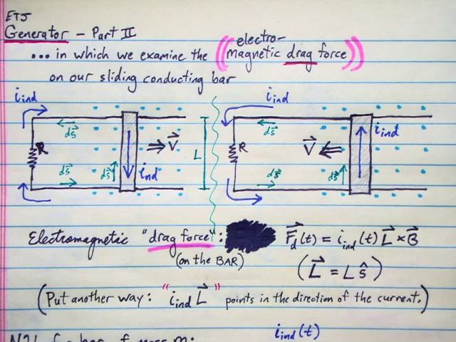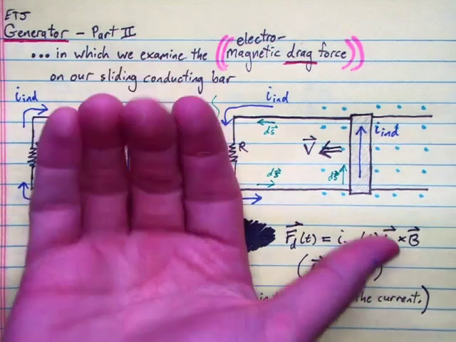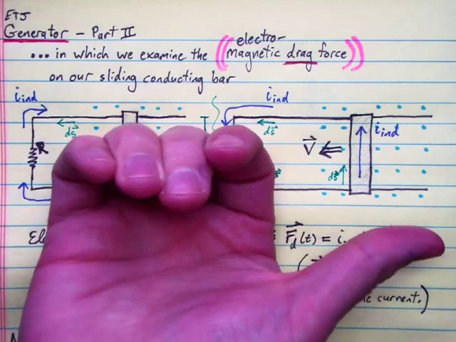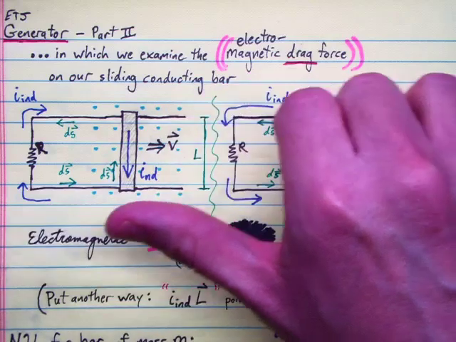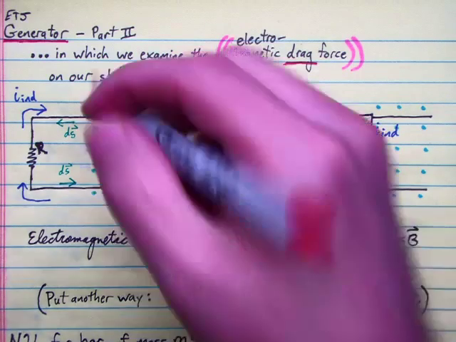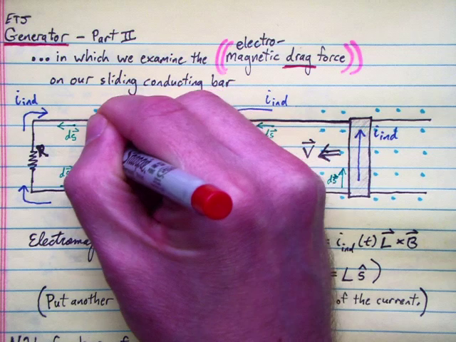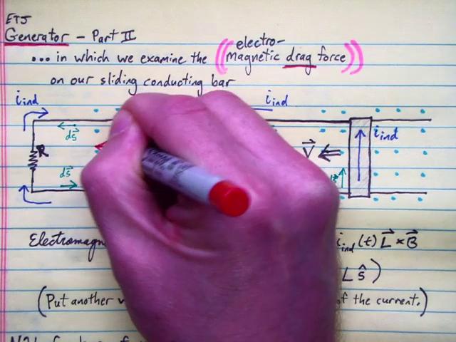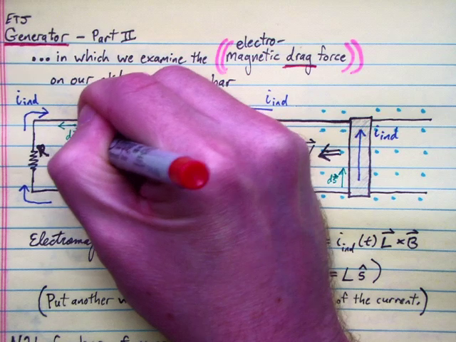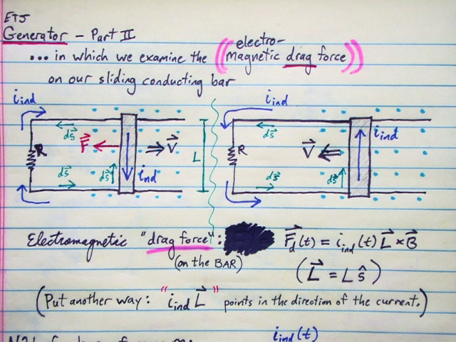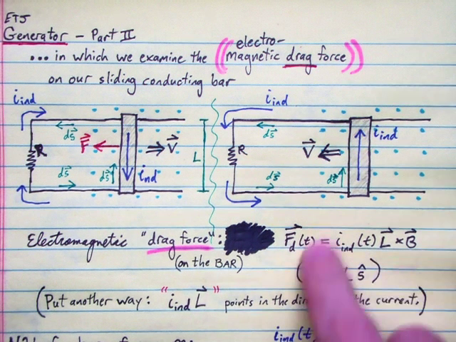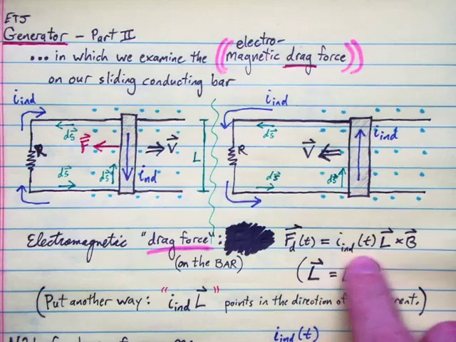All right, L is upwards, crossed with B, pointing to the right, but I is negative, so that flips it, pointing to the left. We would have this electromagnetic force on our current carrying wire pointing left right there.